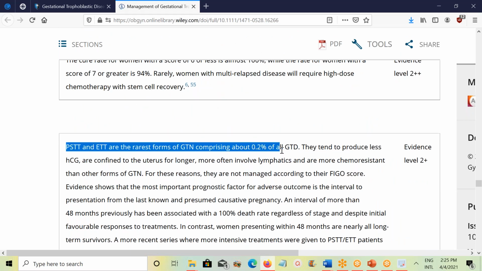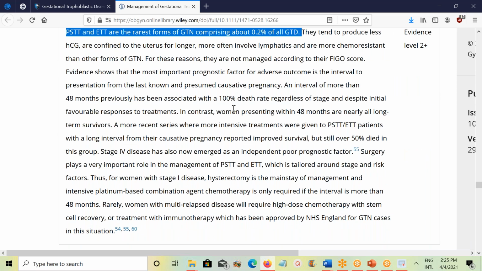They make up 0.2% of all GTT, and the most important factor is when they occur after the previous pregnancy: if they occur more than 48 months after the previous pregnancy, 100% death, and if they occur within 48 months, then the chance of death will be 50%.